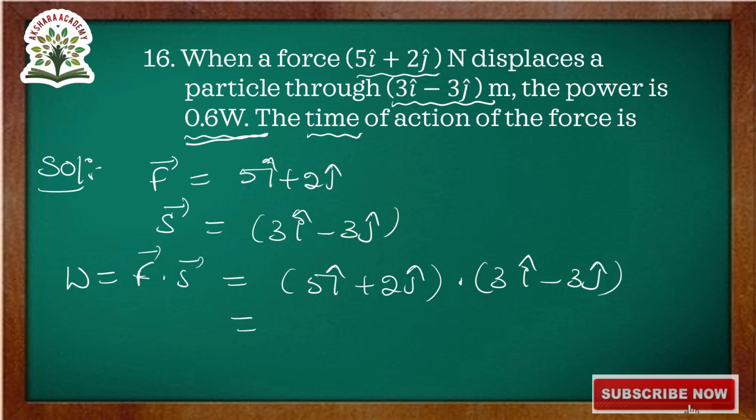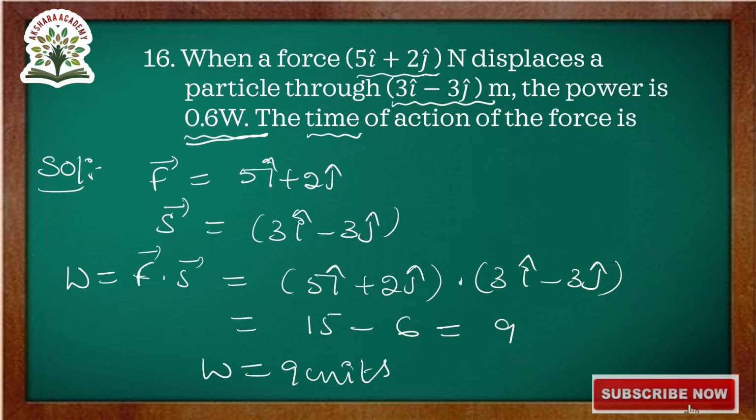In the dot product, i dot i, j dot j equals 1. 5 threes are 15, minus 3 twos are 6. So that is 15 minus 6, 9. Work done we are getting 9 units.